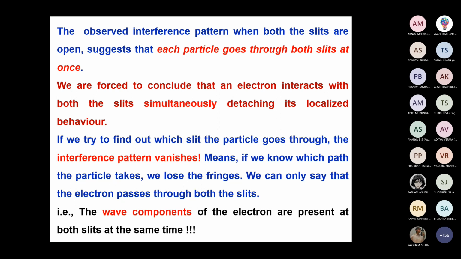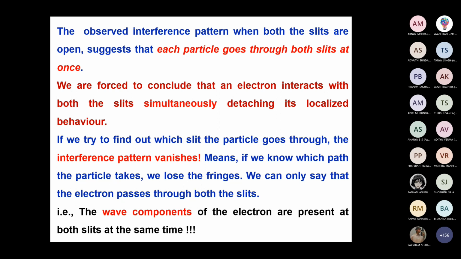We all know that the electron is a particle, which requires a localized nature. That means it is shedding the localized behavior and behaves as a wave. So what we can say from here is that it is the wave component at the slits.